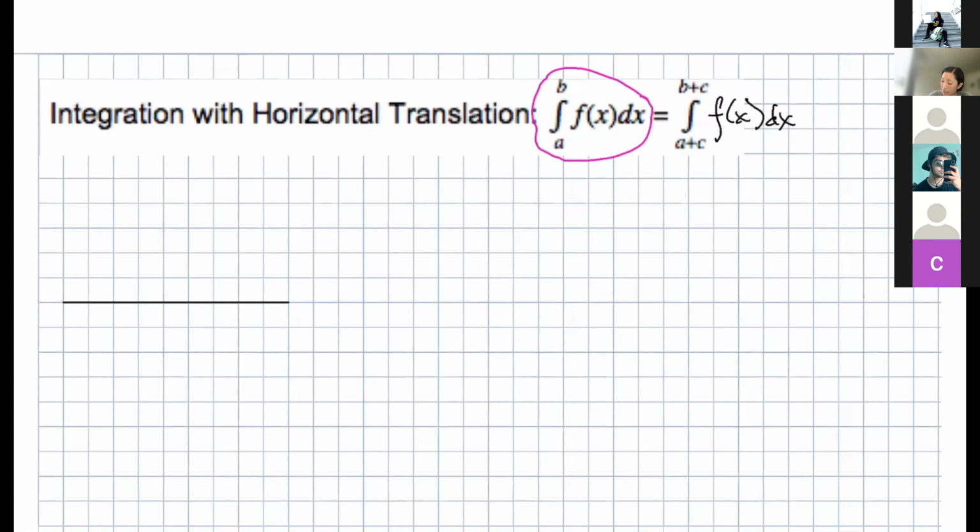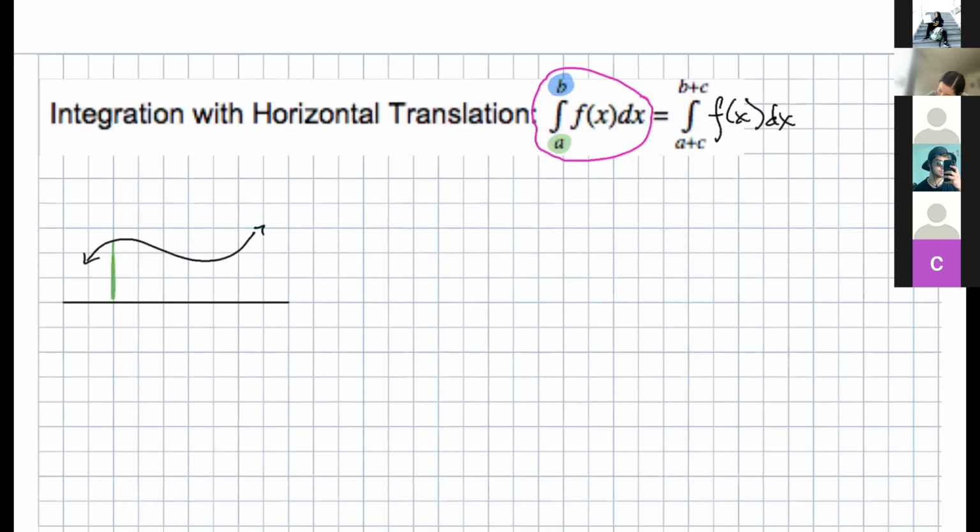And then, like before, I'm going to have a bottom number that I'm going to mark off on my x-axis and a top number that I will also mark off on the x-axis. And so let's draw, you know, all my functions look the same. I've got some function here, and I don't know where A is, I don't know where B is, but I know that they're x values, so I'm going to draw them on the x-axis, okay?